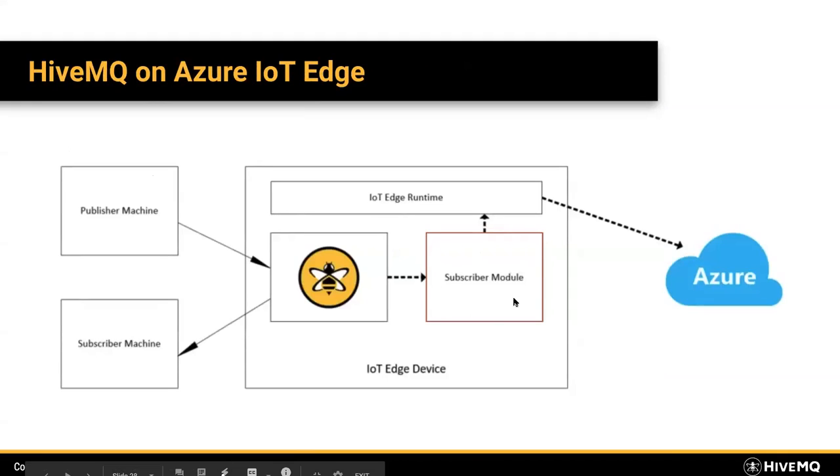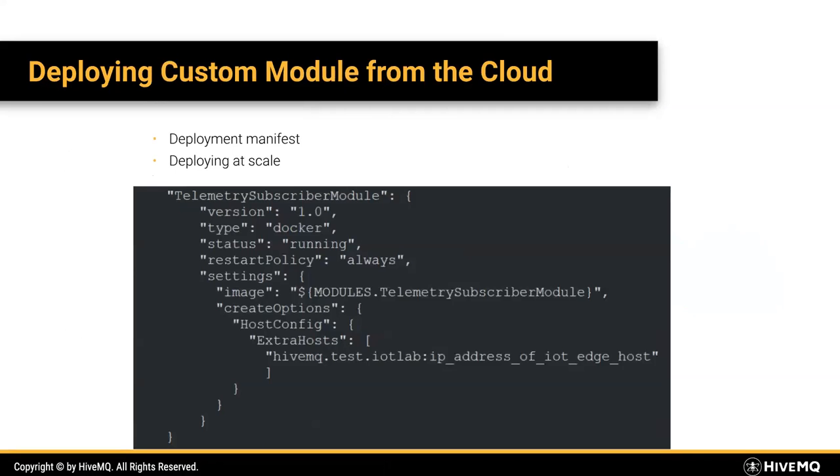Okay, let's now see what it takes to have the subscriber module. For the subscriber module, in this case, we used the HiveMQ Java client library. But before we come to that point, this is just the deployment manifest that explains how the custom module will be deployed.